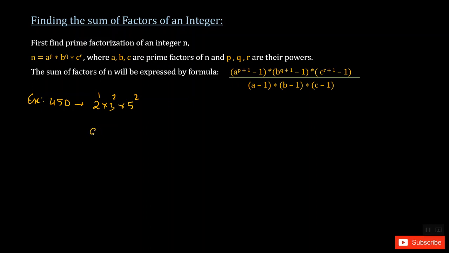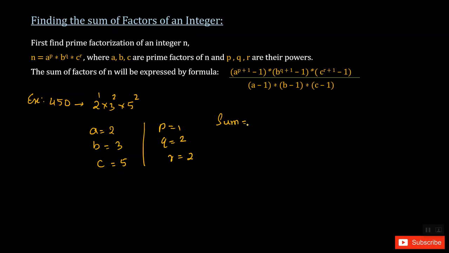Now, what is the value of a here? 2. The value of b here is 3, and the value of c here is 5. But the values of p, q and r are changing. The value of p here is 1, q here is 2, r here is 2. So make use of this formula.